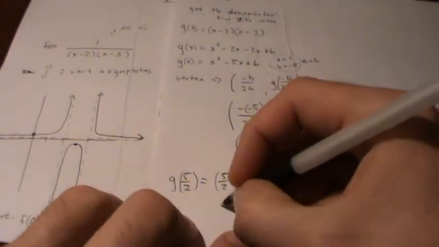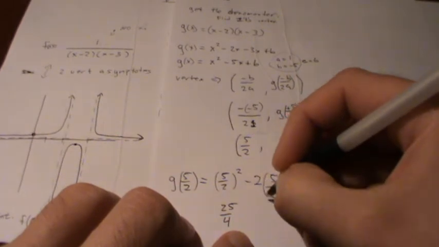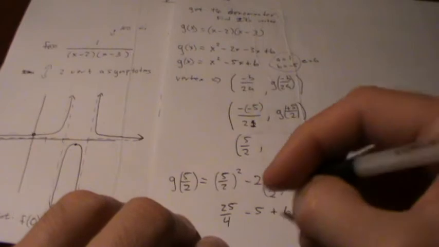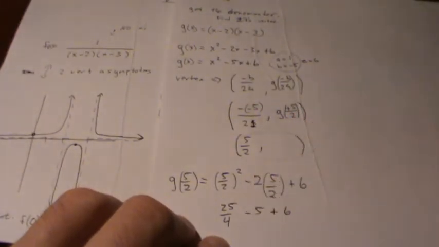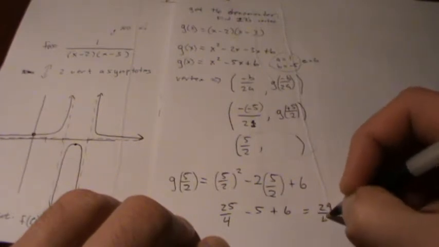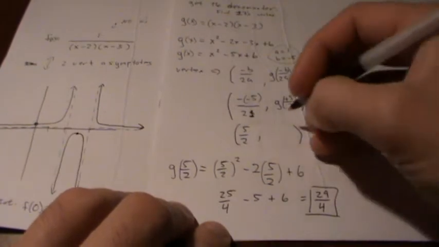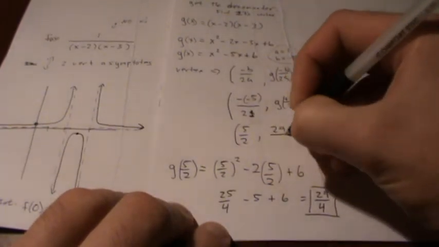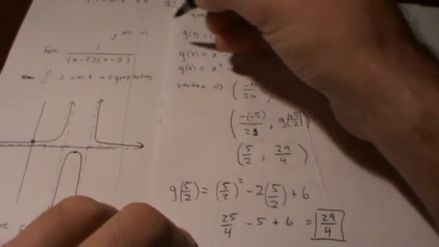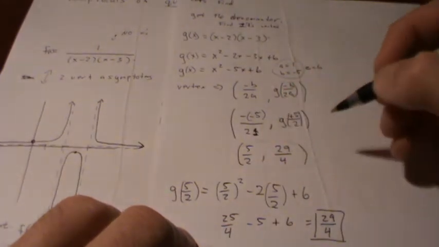Okay, so this is 25/4 minus 5 plus 6. So it's 25/4 plus 1, or 29/4. Okay, so the vertex for the parabola that exists in the denominator is (5/2, 29/4).